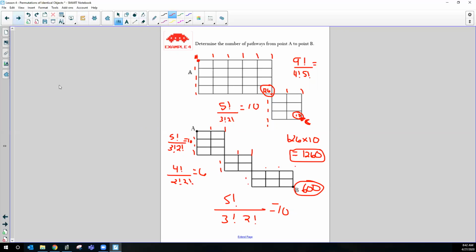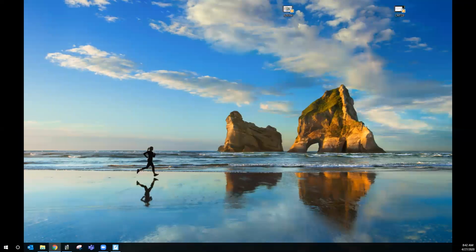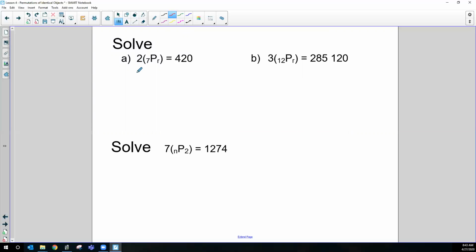Okay, moving on. The last thing we're going to do today is we have to learn how to solve these. There are some of these in your assignment. So let me just pull up the last lesson so I can get the formula. And it's no different. Basically, here, this is a challenging one.